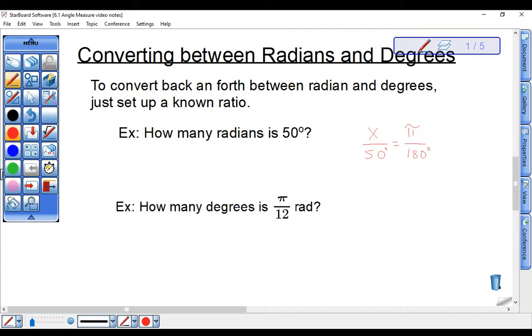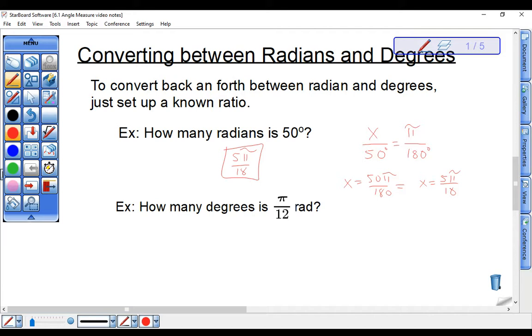Then we can solve for x, and now we've converted from degrees to radians. Solving that for x, I get x equals 50 pi over 180. If I reduce, that would be x equals 5 pi over 18. So how many radians is 50 degrees? 5 pi over 18 radians is the same angle as 50 degrees.